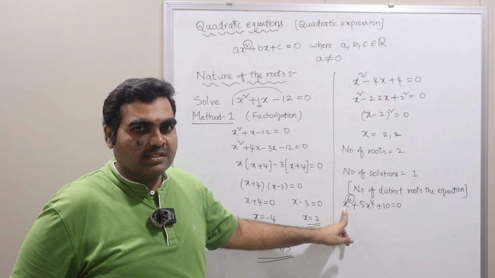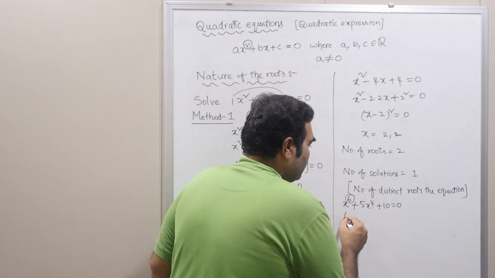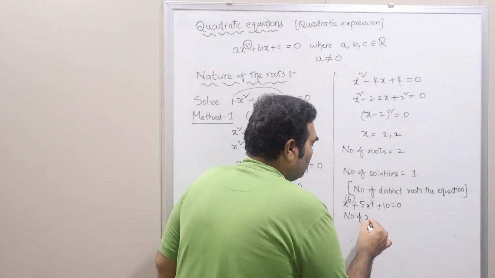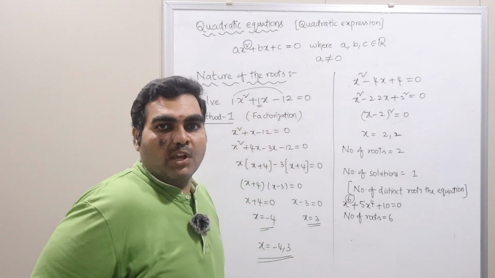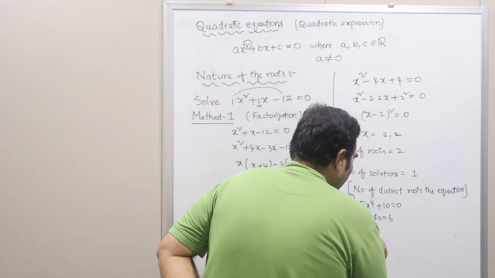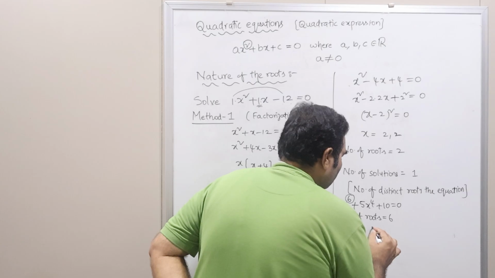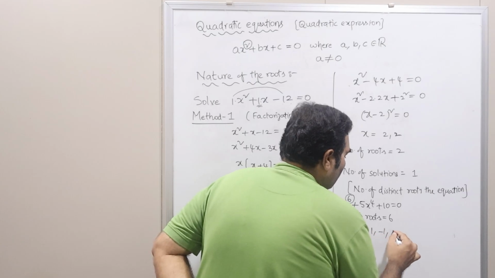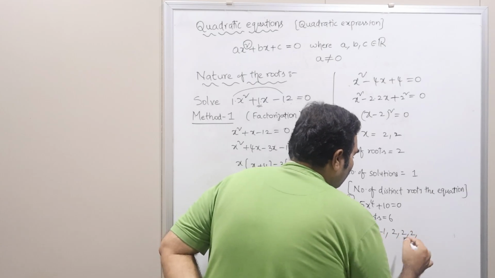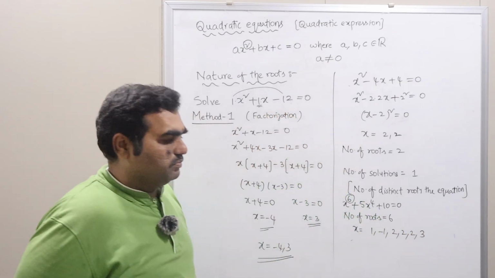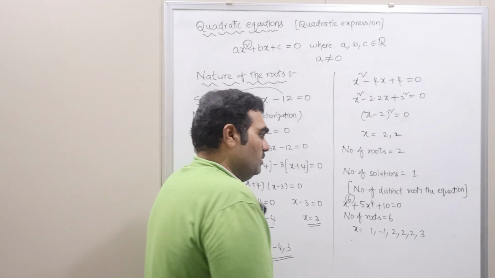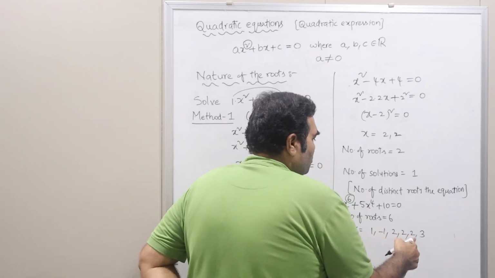The highest power is 6, so the number of roots is 6. And suppose that the roots are 1, minus 1, 2, 2, 2, 3. 6 roots.